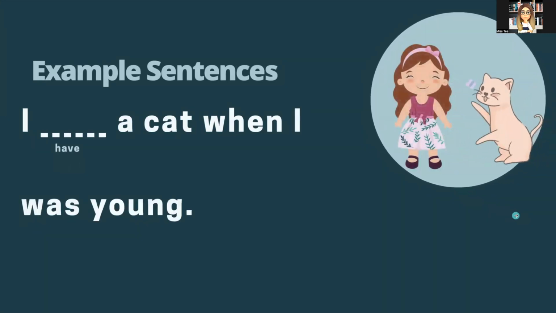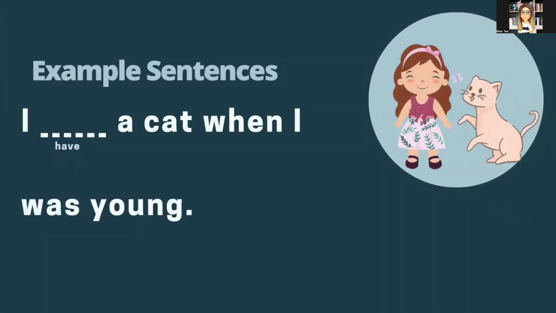Okay, so here's our first example sentence. I have a cat when I was young. So we should change this to the V2 form. Here it tells us the V1 form, but we have to change it to the V2 form. And have is an irregular verb, so it's not a matter of just adding D to the end, H-A-V-E-D.